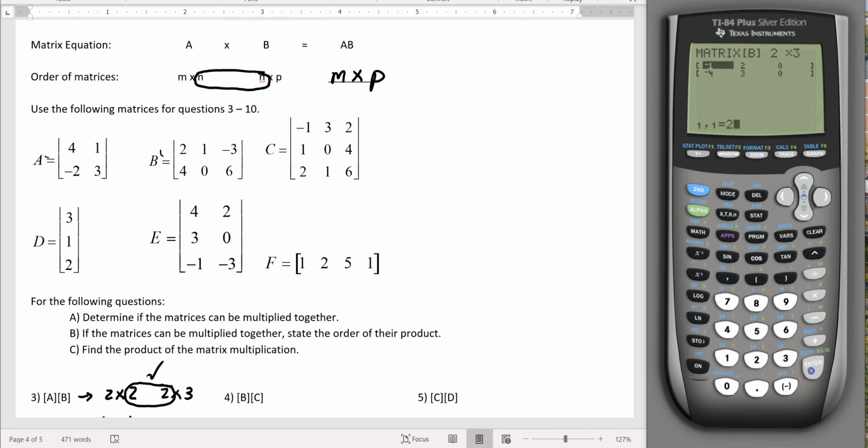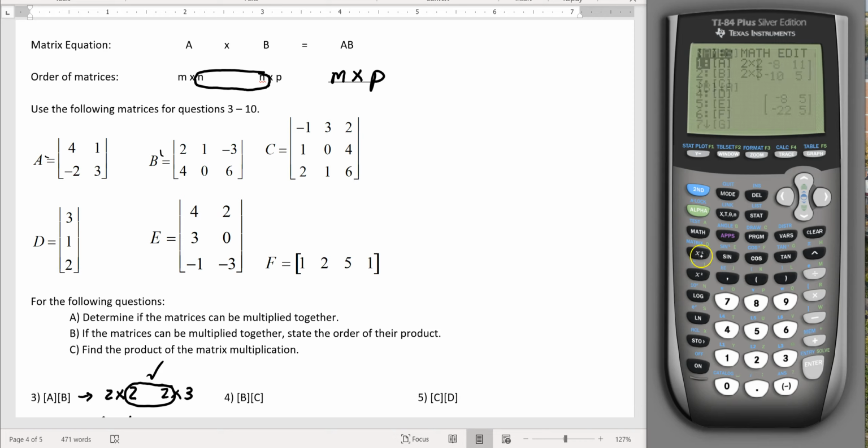So I will have 2, 1, -3, and 4, 0, and 6. There we go. Second quit.